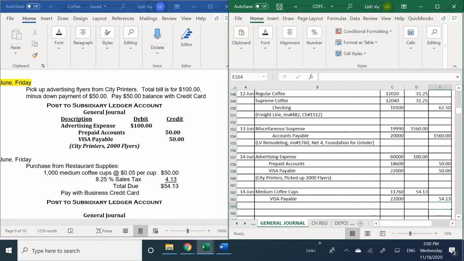Okay, $54.13. And here I'm going to also write a little description that I purchased this from Restaurant Supplies, and that I made a total purchase of 1,000 cups.